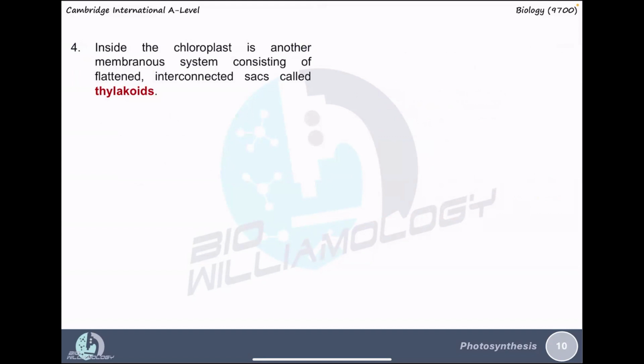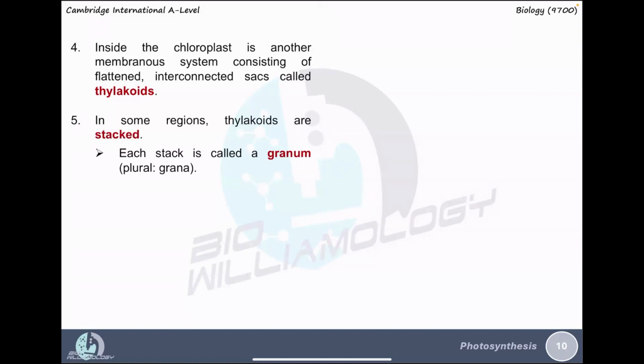Inside the chloroplast is another membranous system consisting of flattened interconnected sacs known as thylakoids. And in some regions, these thylakoids are stacked together. Each stack is known as a granum, and the plural is grana. The fluid surrounding the thylakoids is known as the stroma, or more precisely, the chloroplast stroma.